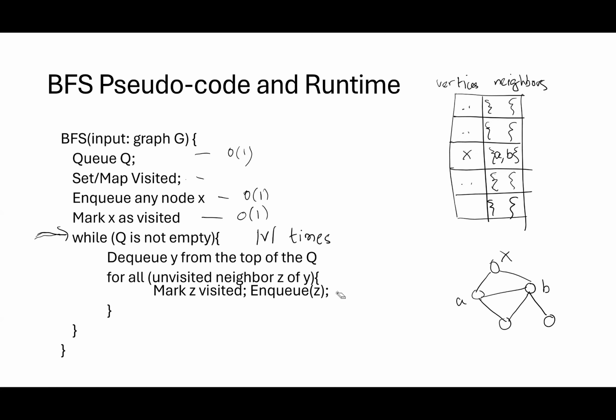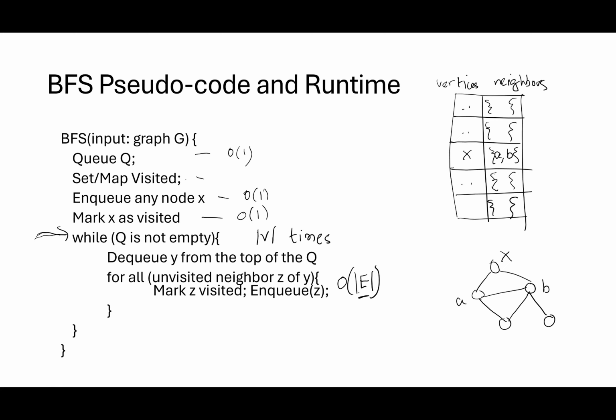And how many times does this for loop run? So in total, this for loop runs order of e times, because the graph in total has e edges. That means if I go to different vertices and check for edges, in total I will be exploring e edges, right?